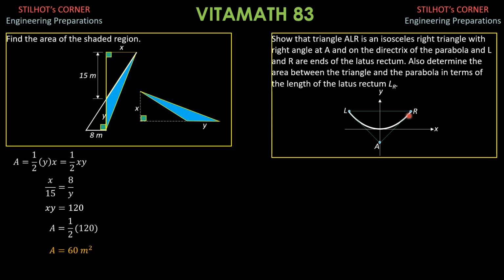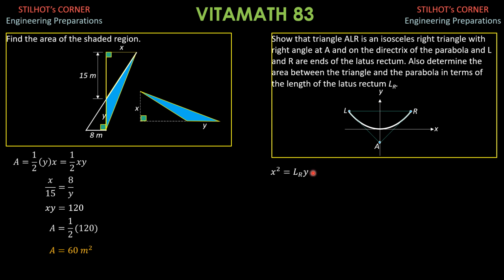So first, let's show that the triangle ALR is an isosceles right triangle. That means we have to prove that the angle measured here is 90 degrees. We prove that the slope of the tangent at the ends of the latus rectum would be 1, or they make 45 degrees with the horizontal or vertical.